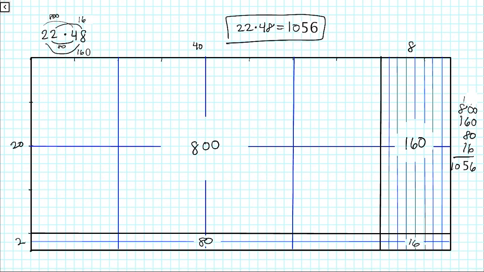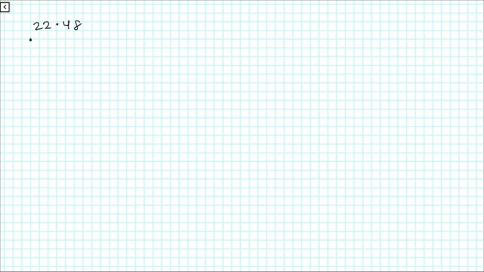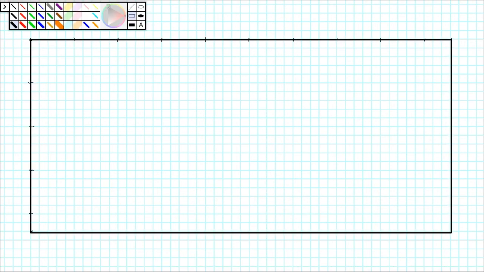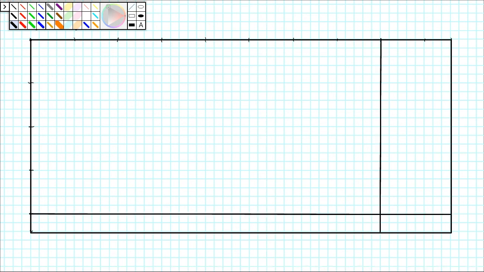Okay. Let's do this again, but with the less detailed version. So in this case, I'm only going to mark off where the place value dividers are. Again, this is 40 plus 8 and 20 plus 2.